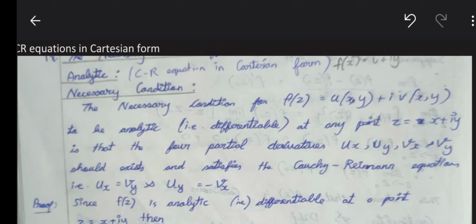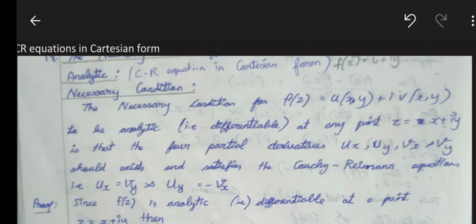The necessary condition for f of z equal to u of x comma y plus i v of x comma y to be analytic. What does analytic mean? That is differentiable. At any point z equal to x plus iy, the four partial derivatives, here we took ux, uy, vx and vy. We can also take them as del u by del x, like that.